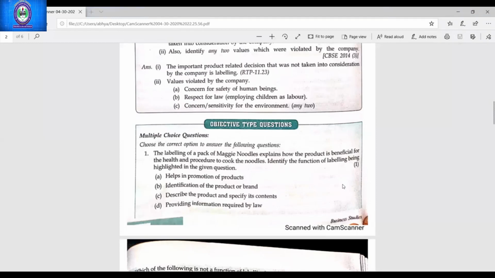Yes, Anmol has written Nike. Very good. And what is its brand mark? Yes, Divya has written Audi, also along with the brand mark. Audi we can speak out, so Audi is the brand name.